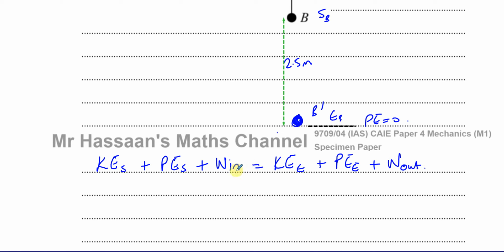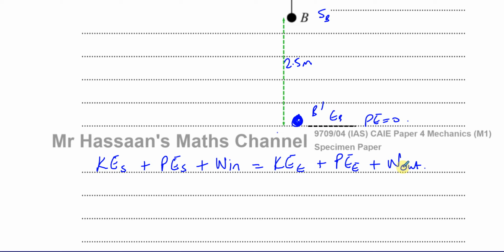The work that went into the system is anything that was added to the system, like if something was pushed, or if there's a driving force. And the work out is any type of work that took energy out of the system, like any resistive or frictional forces.